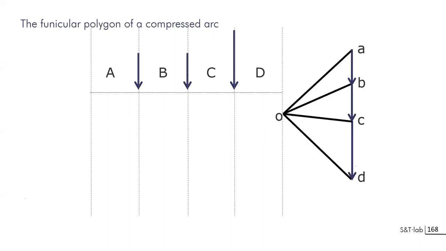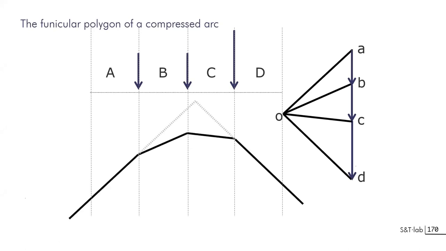I just build the load line, put a pole somewhere, build a first funicular, and then if I replace the system of forces here by only one force, going from A to D, it means the resultant. I am able to equilibrate the vector AD just using these two-side rays on the funicular polygon. And precisely this force will be this one as lengthened to this point, and this one will be the second here as lengthened here.